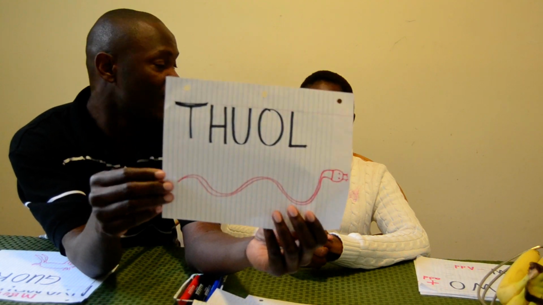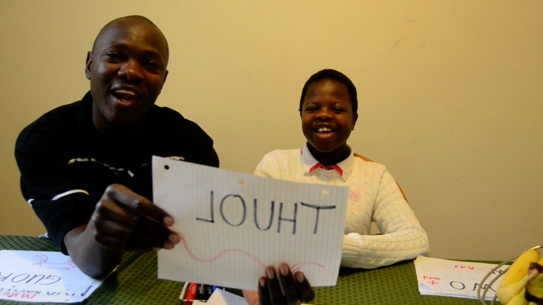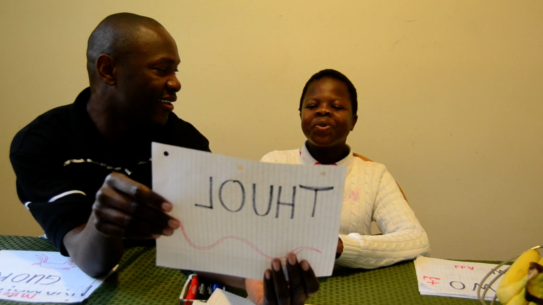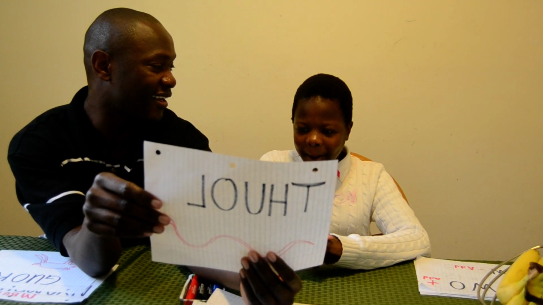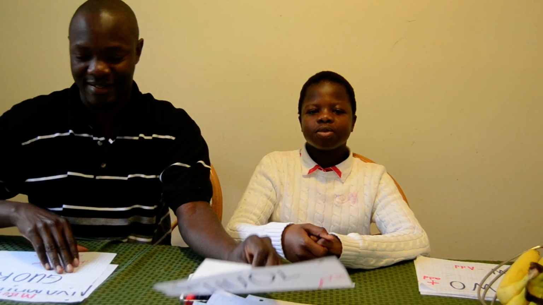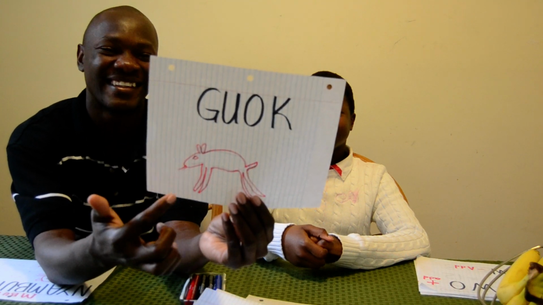A snake. Snake could be what? Tuol. Don't say it the other way. That's different. Okay? Say it again. Tuol. Correct. And then this, that's a dog, as you can see. Sorry. How do you say that?